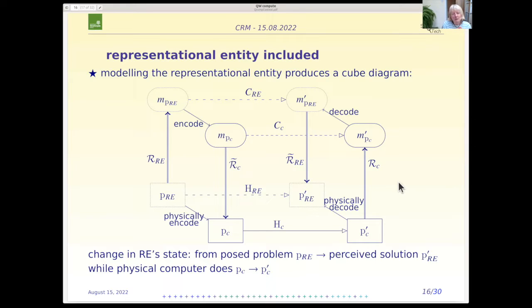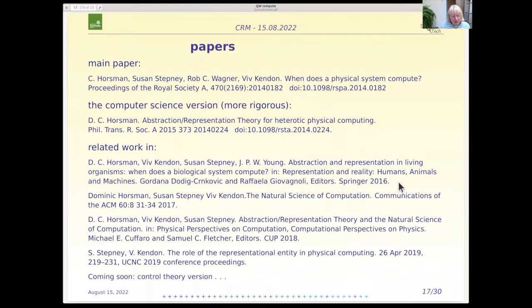And if you wanted to model us modeling the representational entity, you get a hypercube, but I'm not going to go there in this talk. This is just to show you that you can consistently work this out to the point where it's definitely not dualist. The abstract is instantiated somewhere, and you can model that too. So as I promised, a slide full of papers on this stuff.